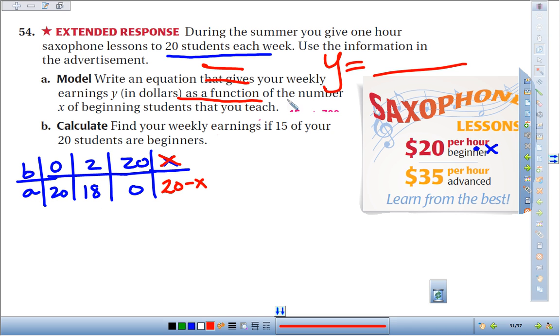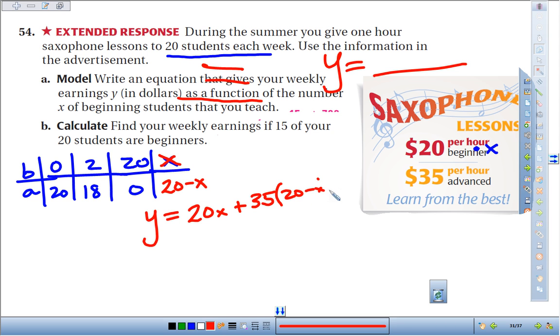So now we can come up with our function. Y, the total amount of dollars I'm going to make, is $20 per hour times the number of beginning students I have, plus $35 times the number of advanced students I have. If I've got X beginners, we said we've got 20 minus X advanced students.